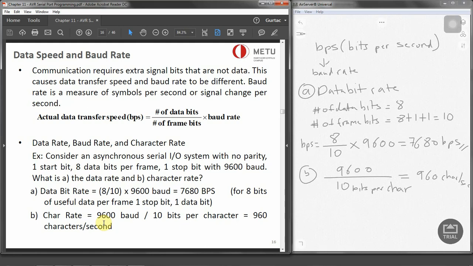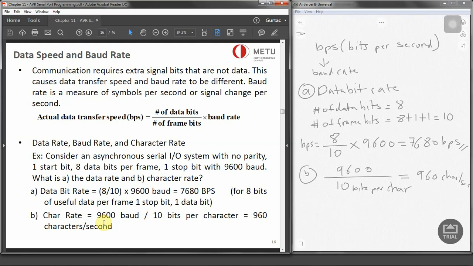We need to allow compatibility between the devices. So various manufacturers can build these devices with serial communication, but they need to have some standard communication protocol. They need to have the same type of transmitter and receiver sides, and they have to have some kind of protocol.